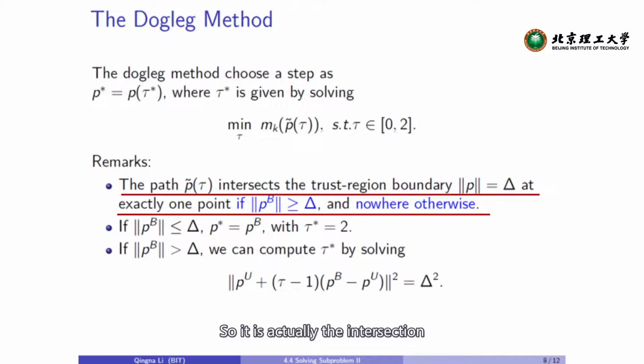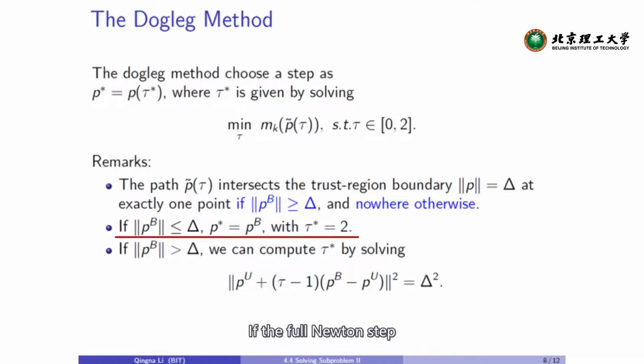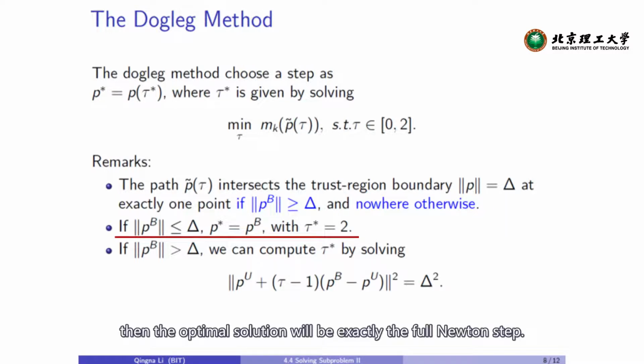So it is the intersection between the trust region boundary and the dogleg path. So we need to check whether the PB reached the boundary or not. If the full Newton step is already inside the trust region, then the optimal solution will be exactly the full Newton step.